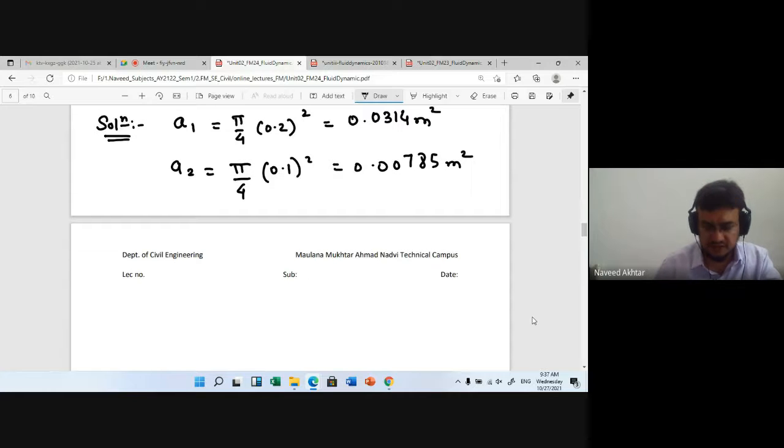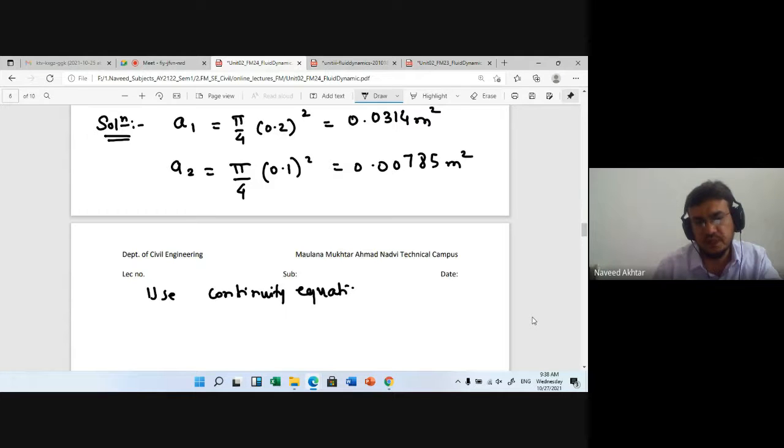Now use the continuity equation of flow, that is A1 V1 is equal to A2 V2.